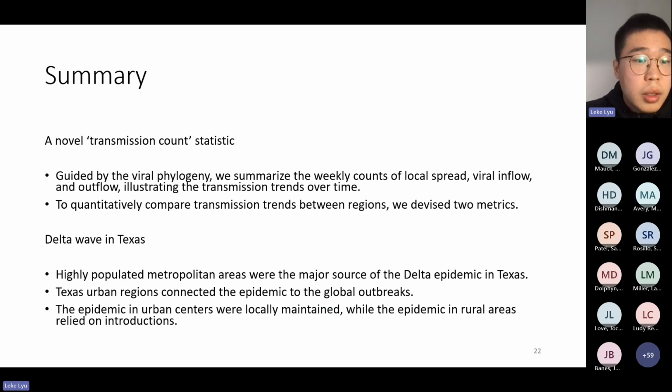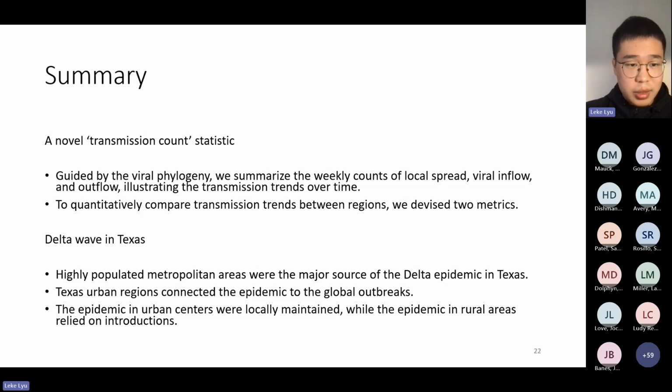Okay, in summary, first we came up with a novel transmission count statistic. Guided by the viral phylogeny, we summarize the weekly count of local spread, viral inflow and outflow, illustrating the transmission trend over time. To quantitatively compare transmission trends between regions, we have these two metrics.